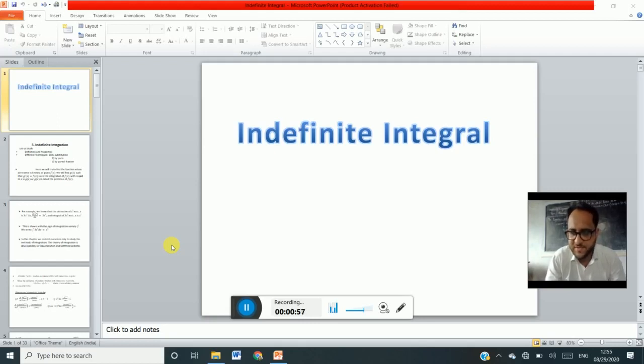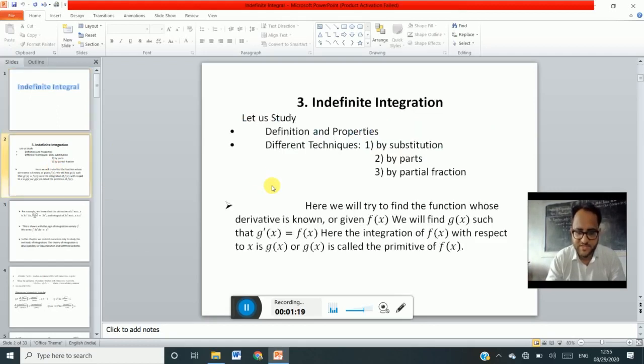So what is the difference between these two integrals? We will see in the next chapter, because first of all we learn about the definite integral, then we automatically know the difference between them, right? Okay, so see here, indefinite integrals. What do we have to study in this chapter?